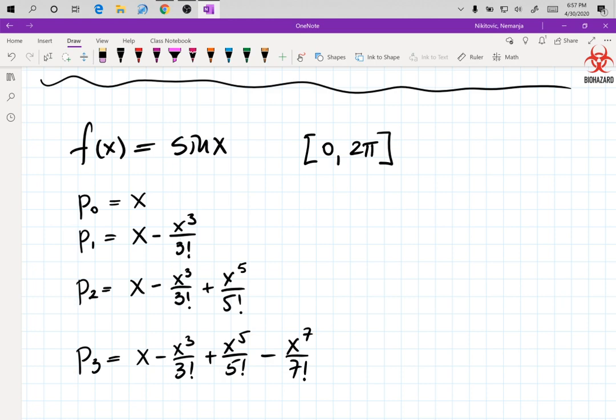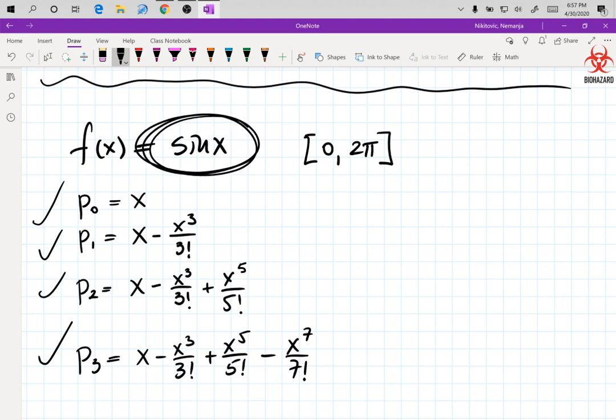So what I'm going to do is jump into Desmos, which is already set. And I'm going to graph these 5 functions and see how well these P functions, the polynomial Taylor functions, follow, how well they bend around sine.